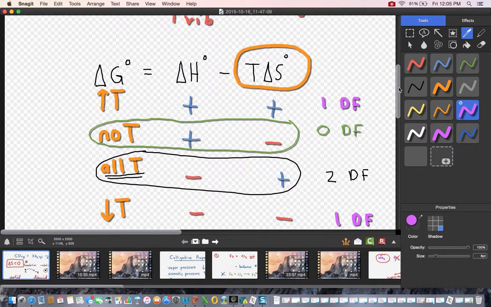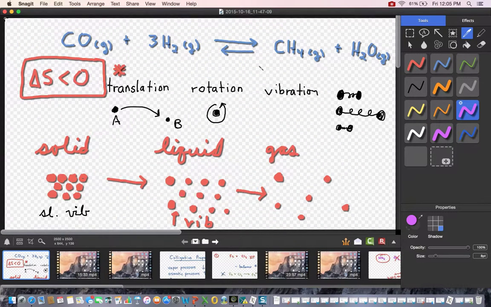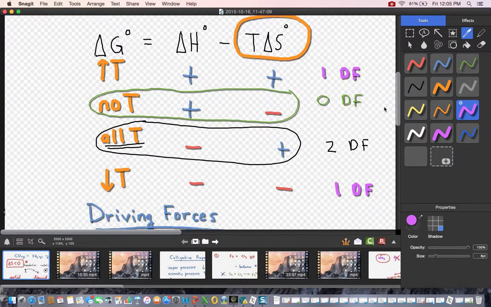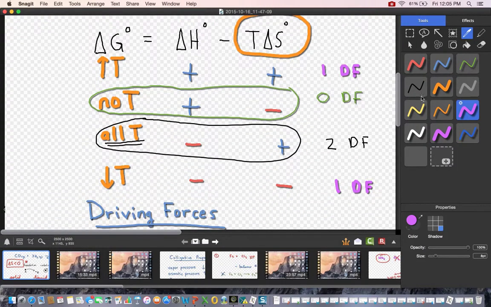Now let's go back up to our original problem. We said that delta S is less than 0. That is a determination we were able to make without knowing magnitudes. If we go to our sign chart now, we see delta S is negative in the second condition and in the fourth condition.